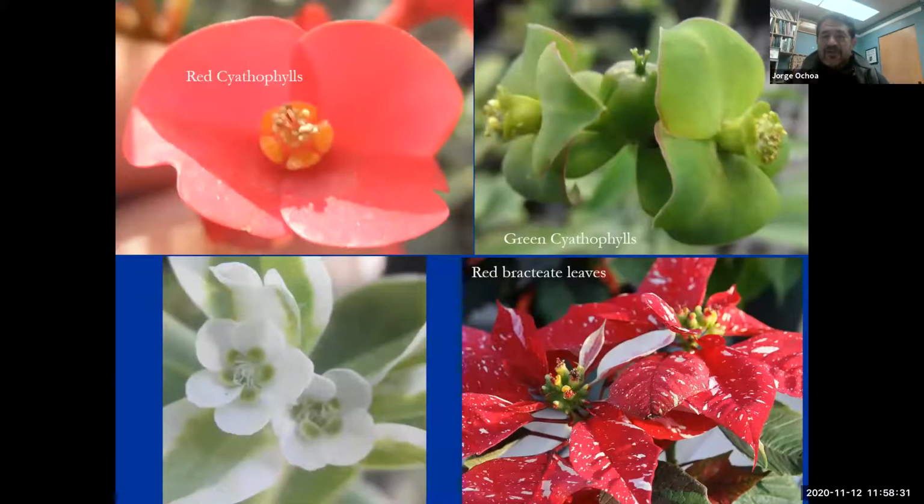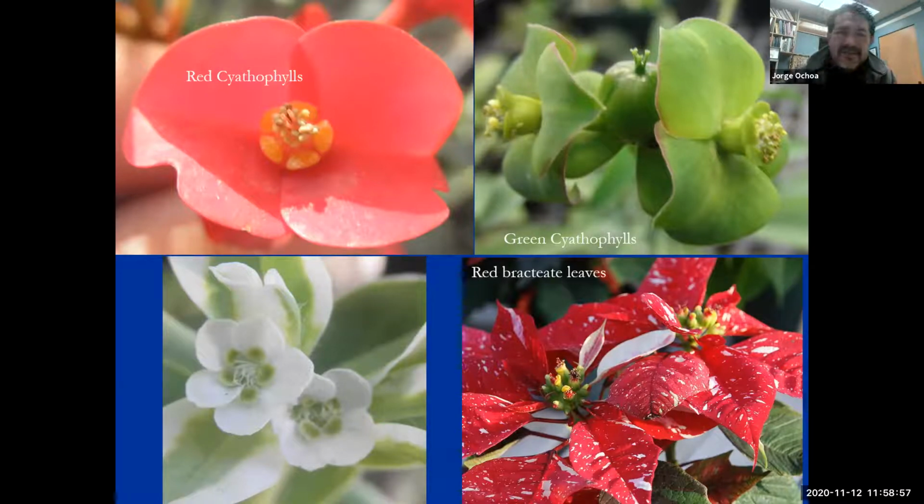And so when we look at the different euphorbias, there's going to be different types as far as the bracts. So the name for the bracts is going to be cyathophylls, meaning cyathium, the name of the cluster, and phylls meaning leaves. So there are modified leaves associated with the cyathium, and that's why they're called cyathophylls.